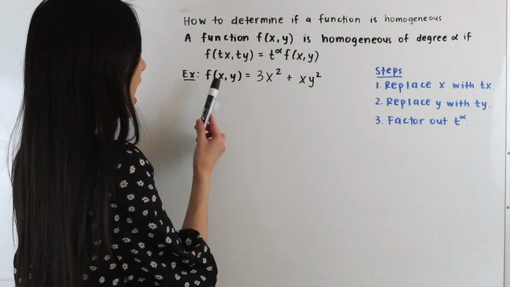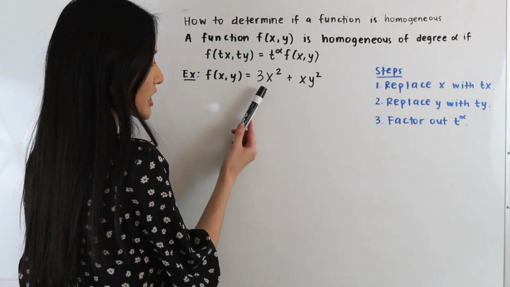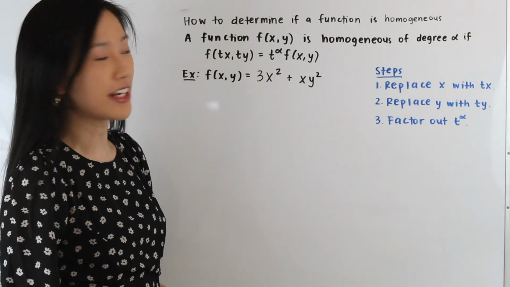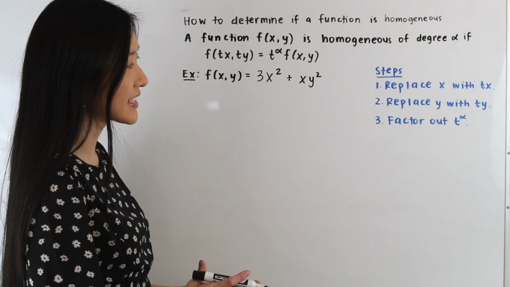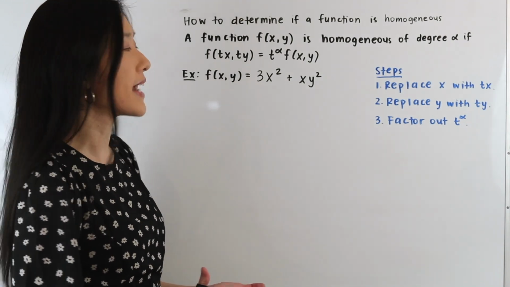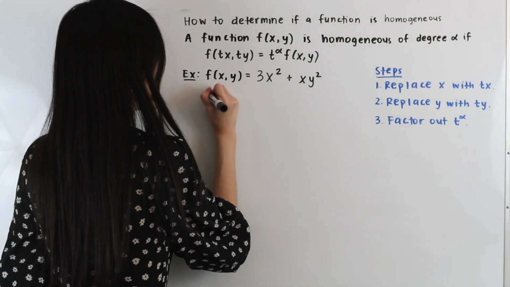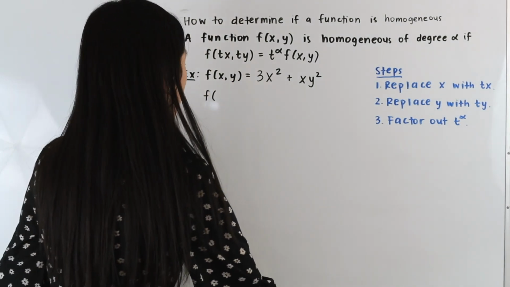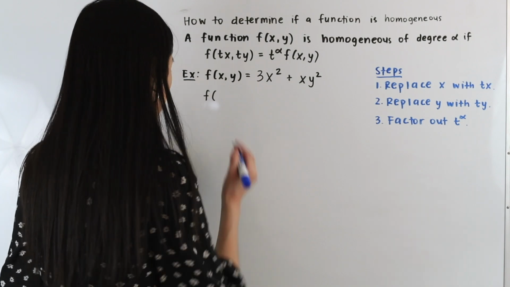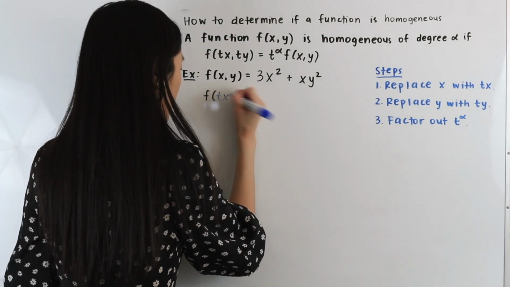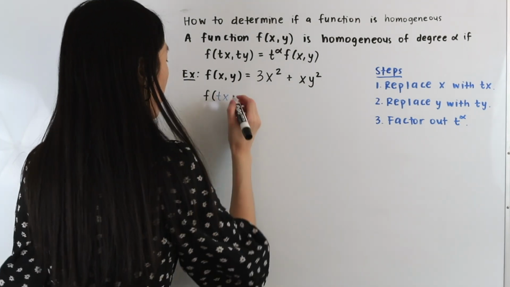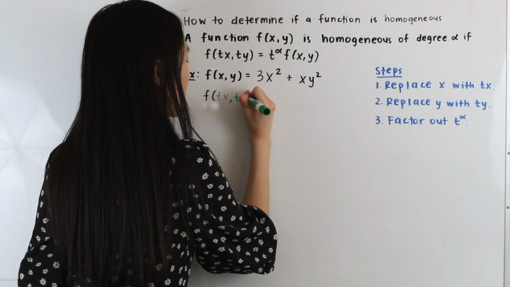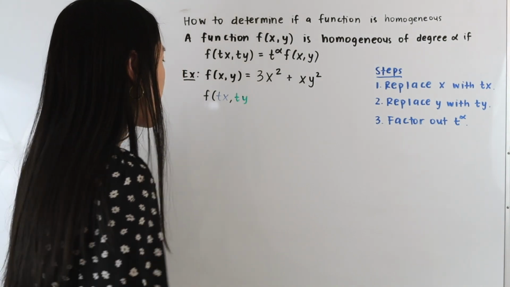Now let's take a look at this next example here. We have f of x y is equal to 3x squared plus x y squared. As in the previous example, let's replace our x's with t x's and our y's with t y's. So here we have f of t x, t y.